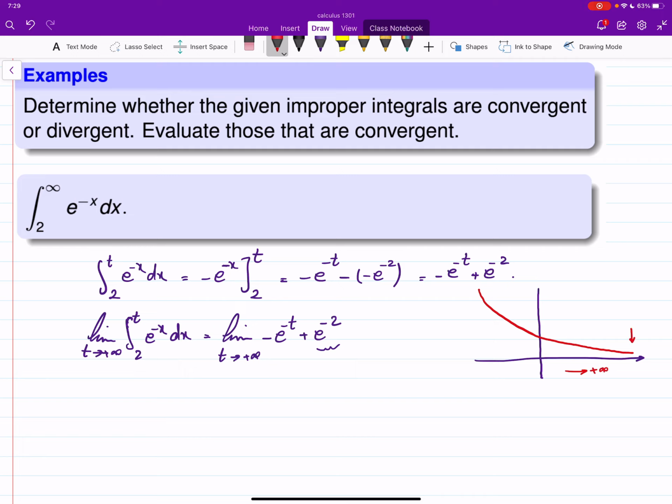So this limit is equal to 0, minus 0 plus e to the power negative 2. This means our improper integral is convergent, and it has a value. The value is 1 over e squared.